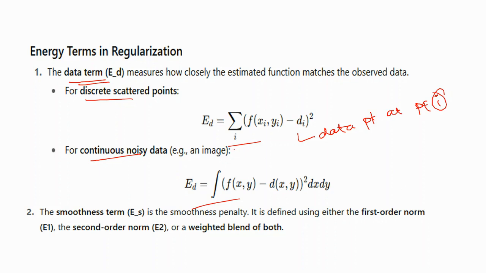For continuous noisy data, we have to take two values, x comma y, minus d of x comma y. This is the noisy image. So this represents the continuous term, and this represents the summation term.